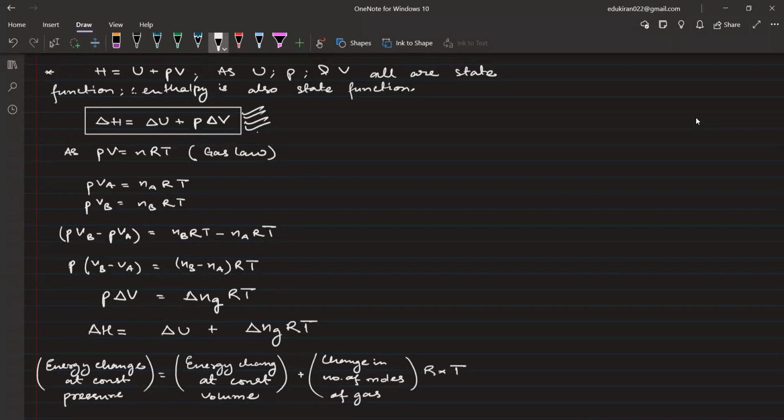Delta H is the change at constant pressure, delta U is the change at constant volume. So energy change at constant pressure will be equal to energy change at constant volume plus delta ng RT. Write this down.